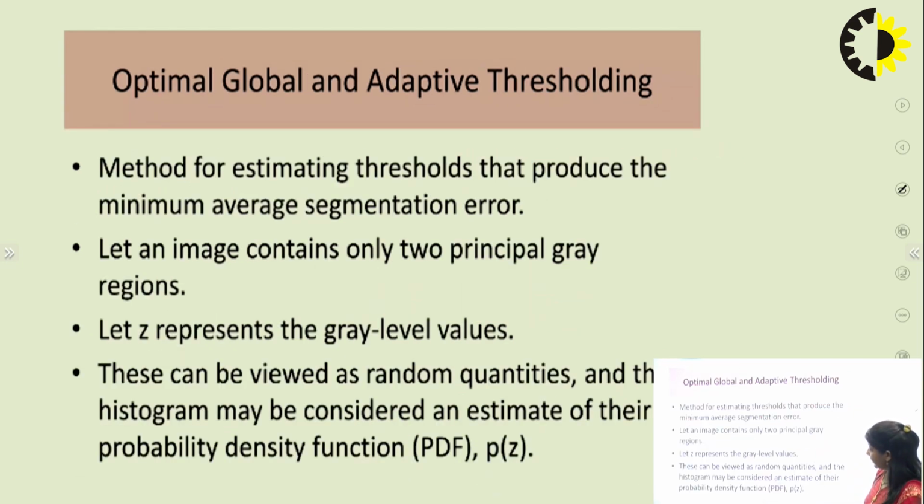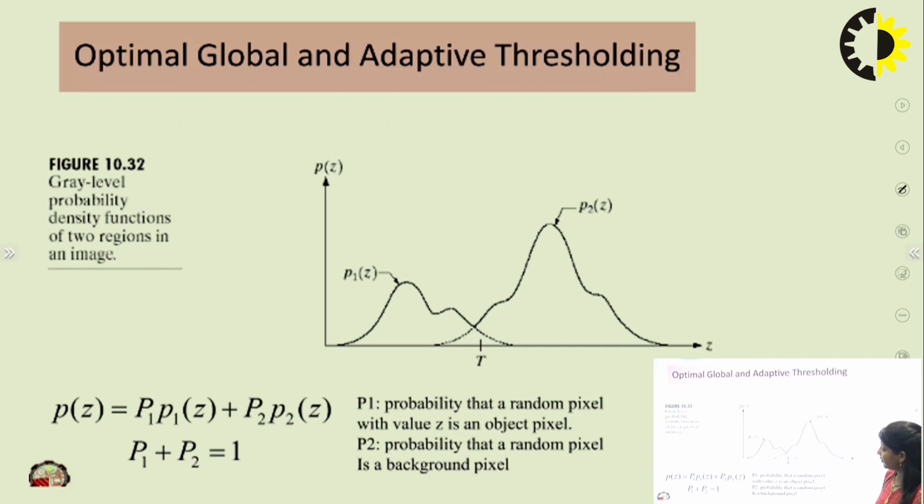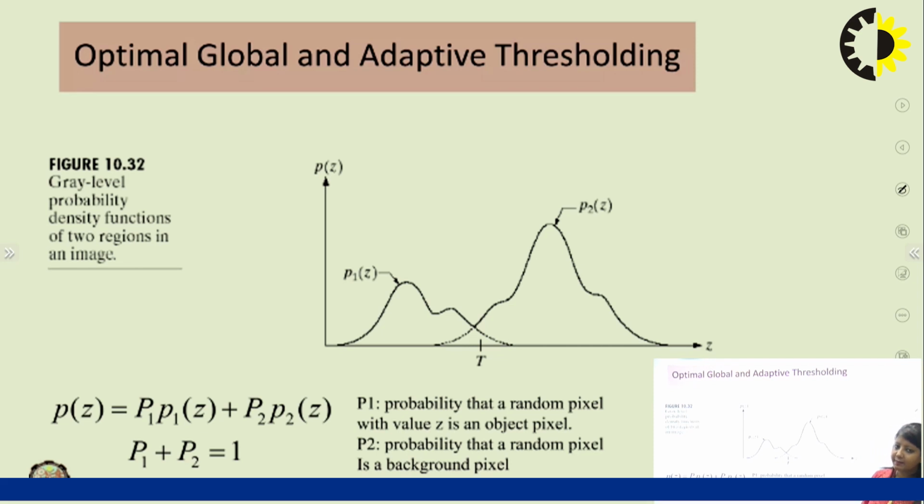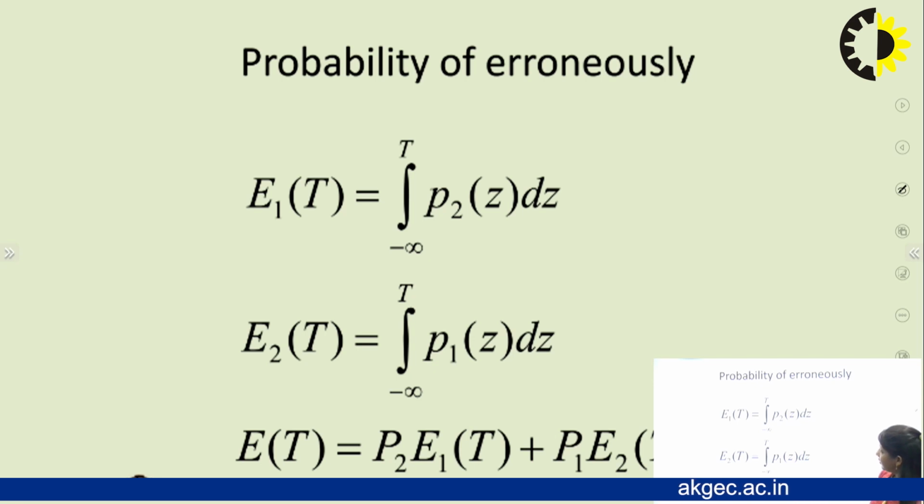So I already said that the sum of P1 plus P2 will be 1, and finally we get the gray level probability density function of the pixels and compare against the threshold. This is the formula for calculating the error.